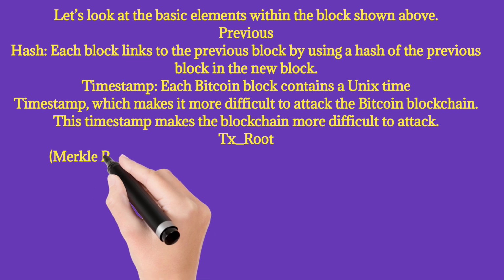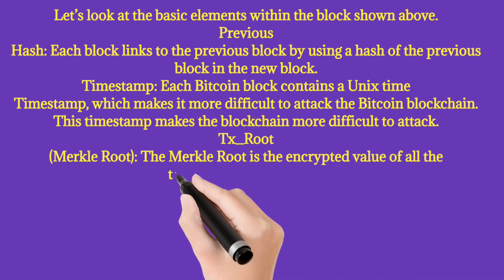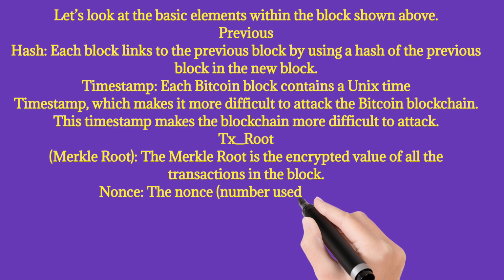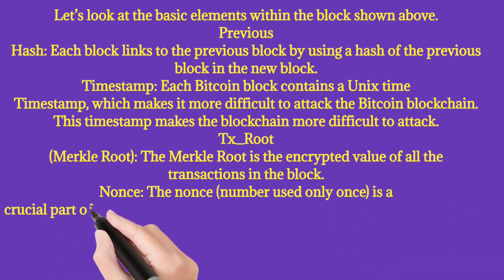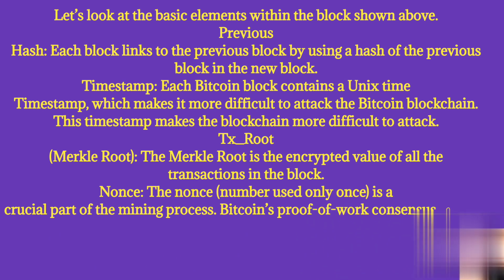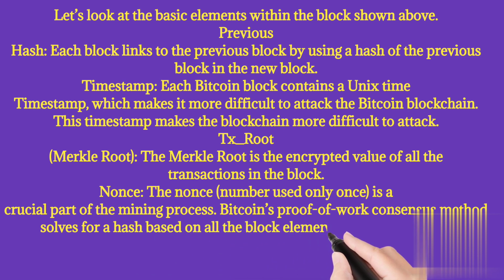TX_root Merkle root. The Merkle root is the encrypted value of all the transactions in the block. Nonce. The nonce, a number used only once, is a crucial part of the mining process. Bitcoin's proof of work consensus method solves for a hash based on all the block elements as well as a nonce.